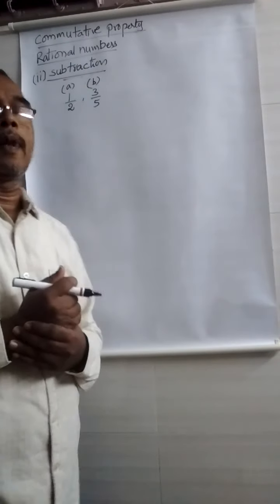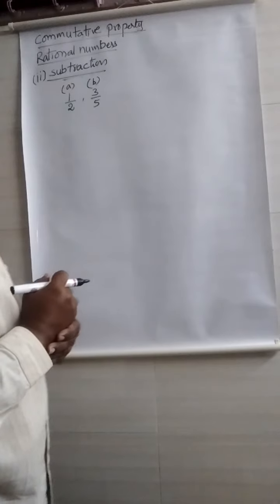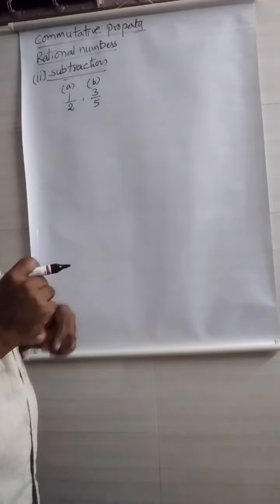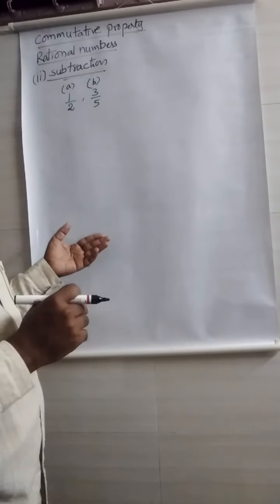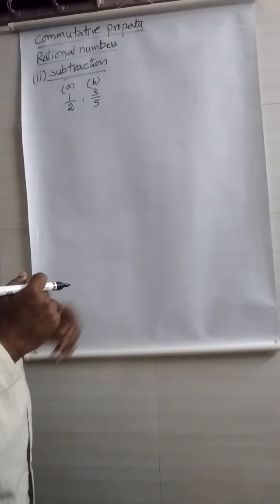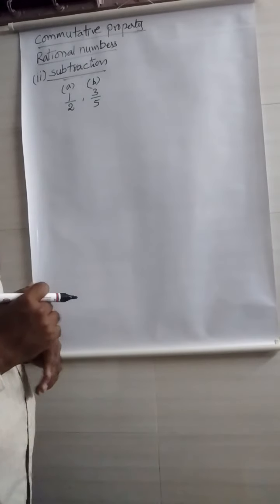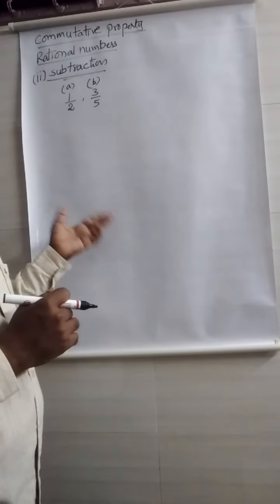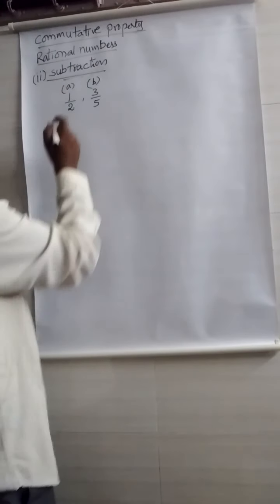Now second one. Now we check the commutative property of rational numbers under subtraction. Previous one, what did we check? The commutative property under addition. Now we check the commutative property under subtraction. Here I take 1 by 2 and 3 by 5. If you take any two rationals, whichever you like, and do this subtraction.